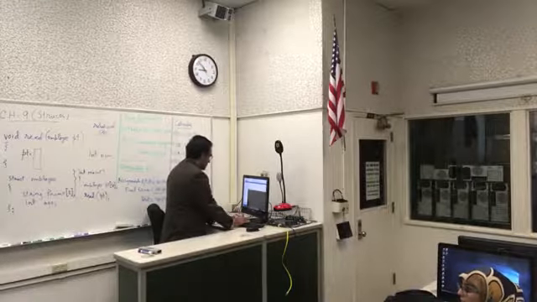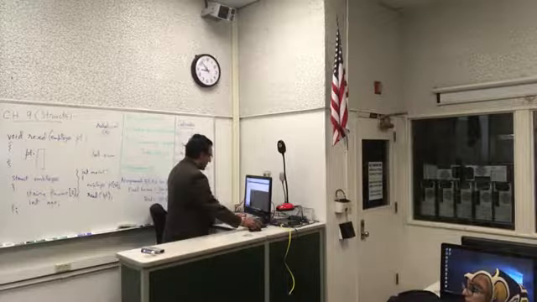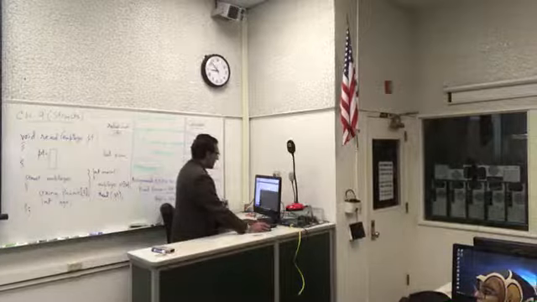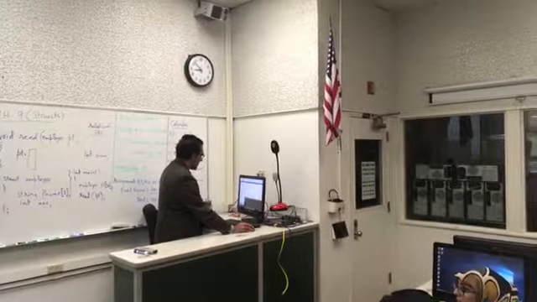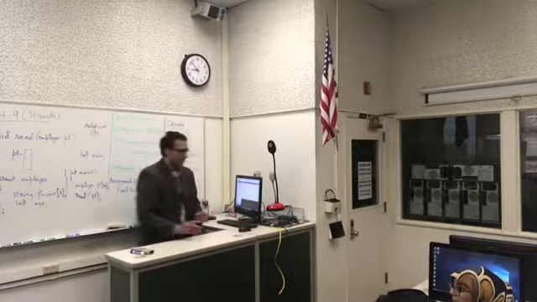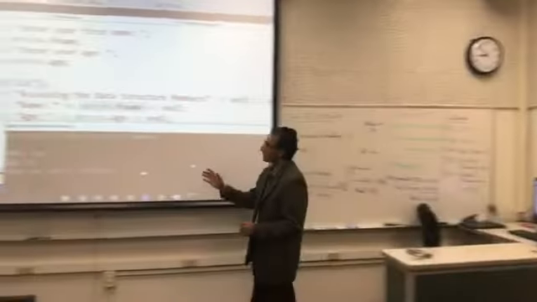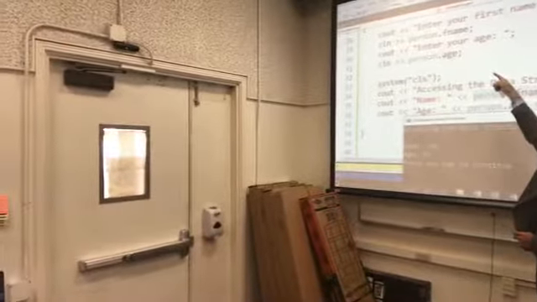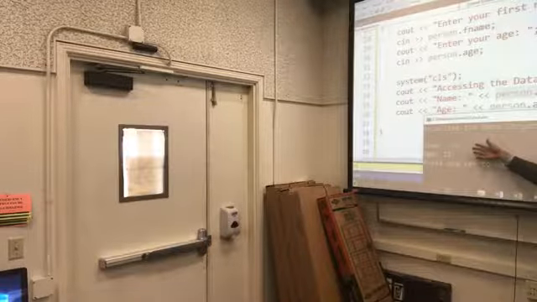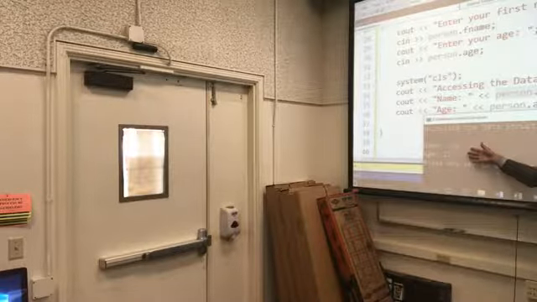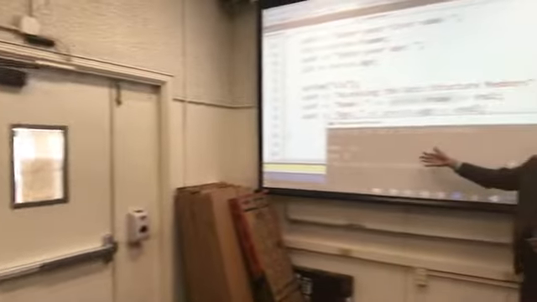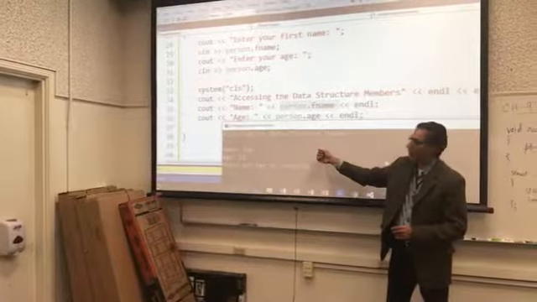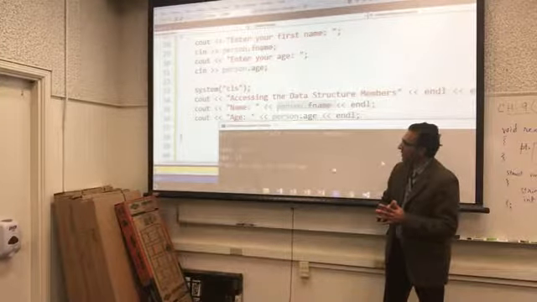I said the name is provided, age is here, and then it verifies the information and produces the results as expected. So again, for the camera, I actually did the inputs, and I verified the results are available to me. My C-in and C-out worked for my data structure.